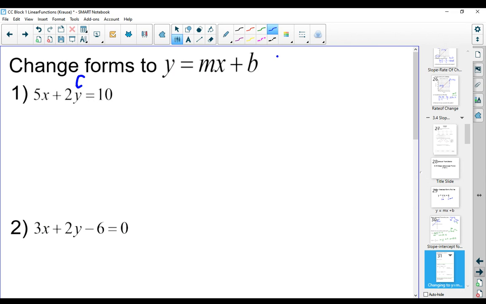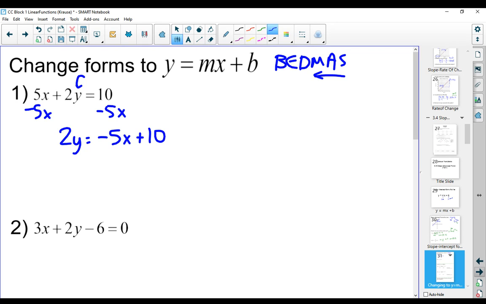If you remember, when we're rearranging or solving equations, we're doing BEDMAS backwards. So I need to move the 5x first and then the 2. I'm going to subtract 5x from both sides. That gives me 2y equals negative 5x plus 10. Then I'm going to divide by 2 on both sides, which leaves me with y equals negative 5 over 2 x plus 5.